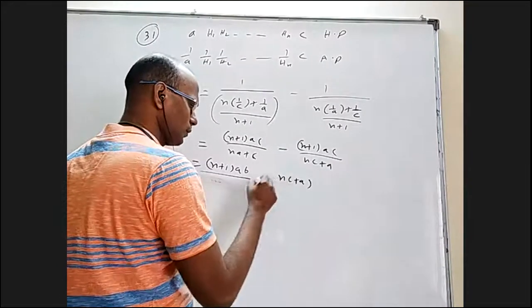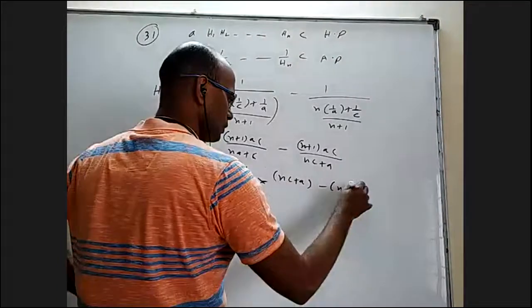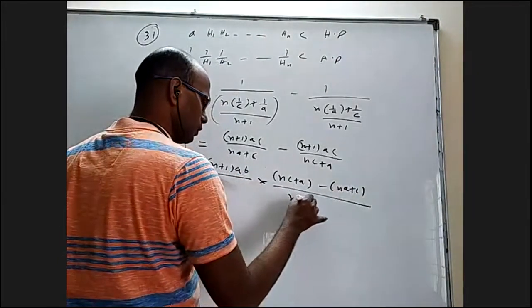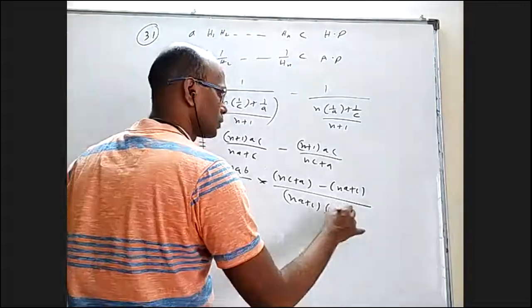NC plus C minus Na plus C by Na plus C into NC plus C.